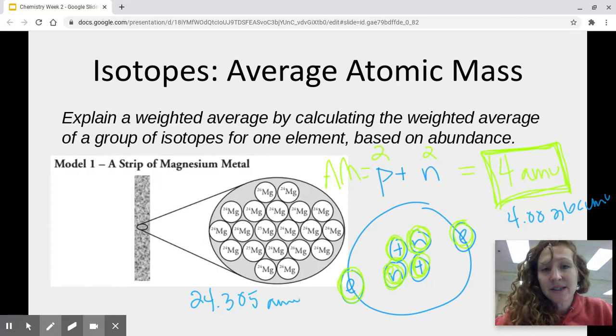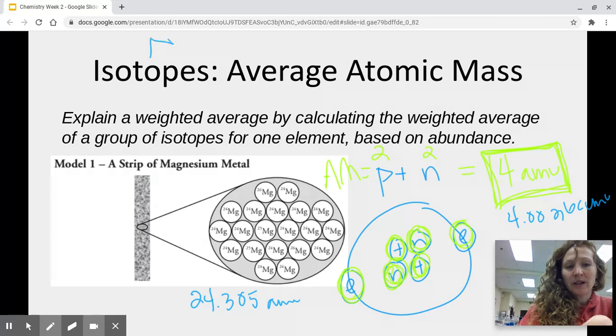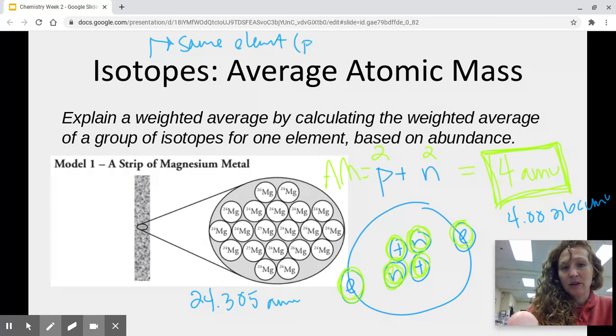Well, the answer lies in the fact that each element has more than one isotope. Just as a reminder, isotopes are the same element, which means they all have the same number of protons, but they have different masses.